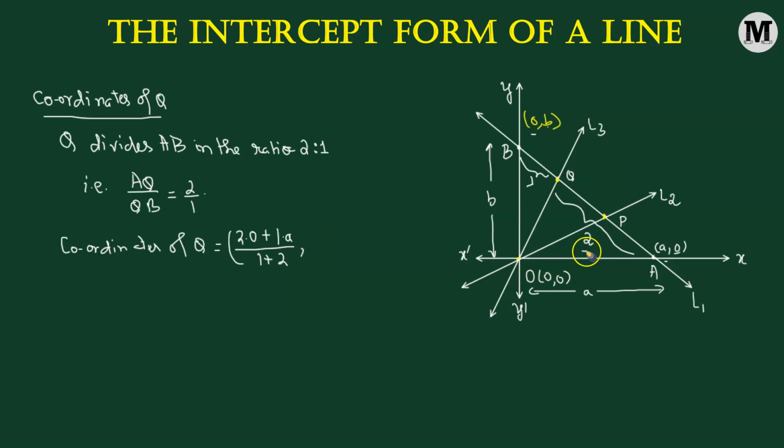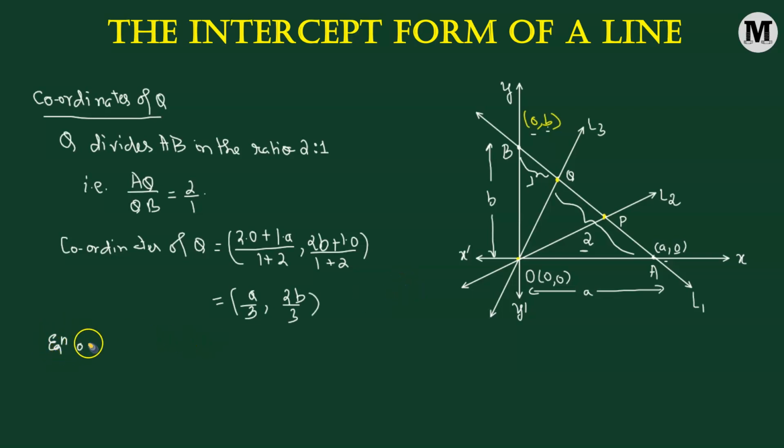Then the y coordinate is going to be 2 multiplied to the y coordinate of point B. So 2 times b added to 1 multiplied to 0, divided by 1 plus 2. So solving this, we get (a/3, 2b/3). So this is going to be the coordinates of the point Q.